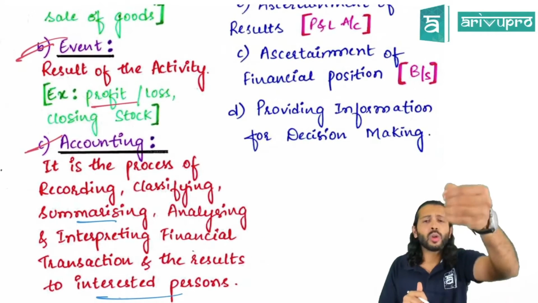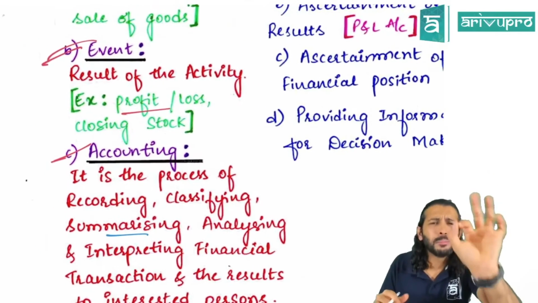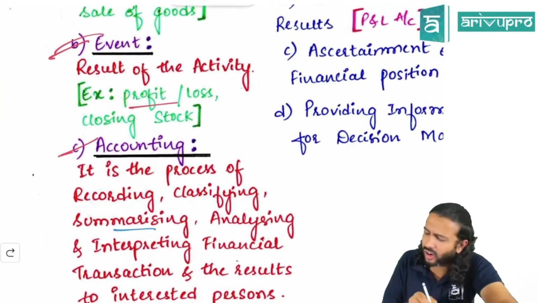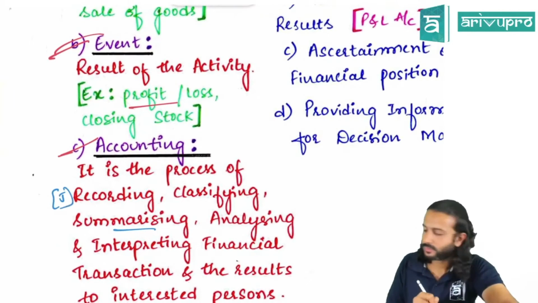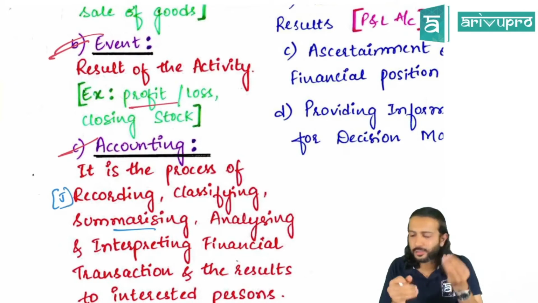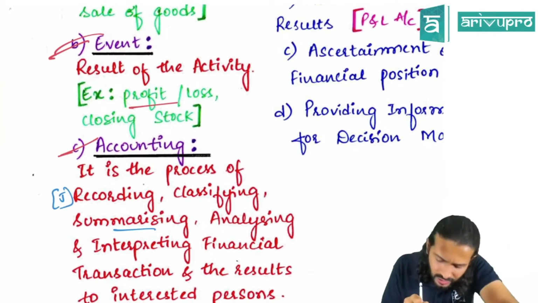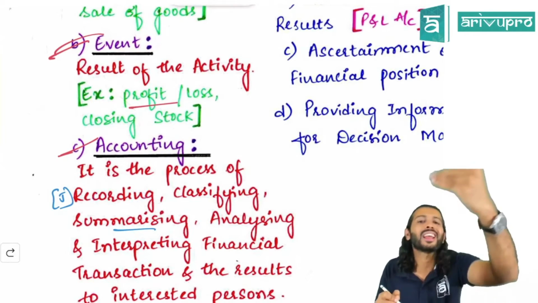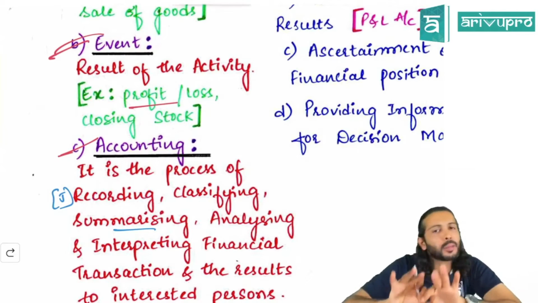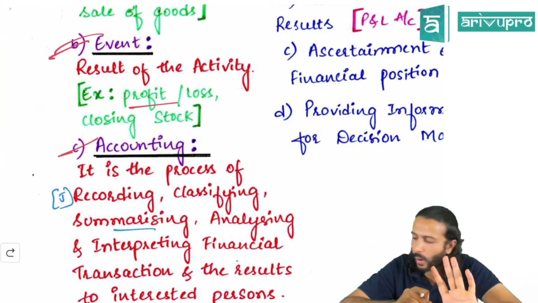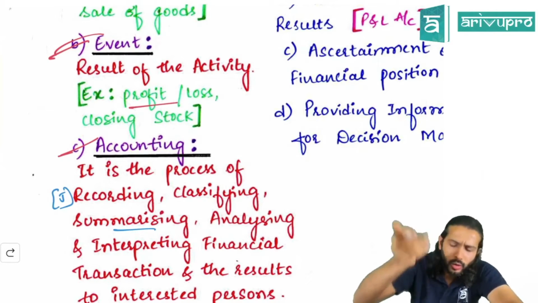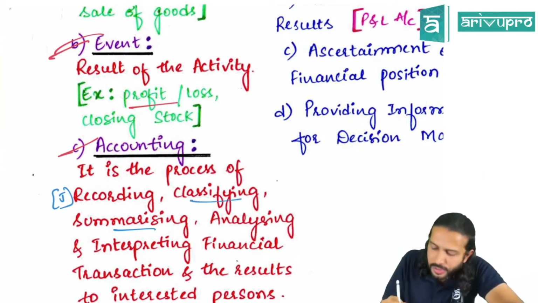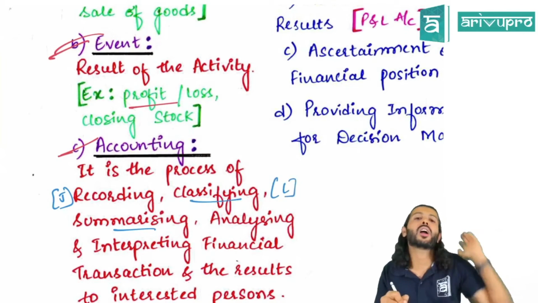Yes, so what do we do in accounting? Sir, accounting simply deals with the process of recording. Recording means journals. Recording the transaction. If you pass a journal entry, we call it recording, because that's how we record the transaction, by passing something known as a journal entry. Not only that, accounting also deals with classifying, which means preparing ledger accounts.